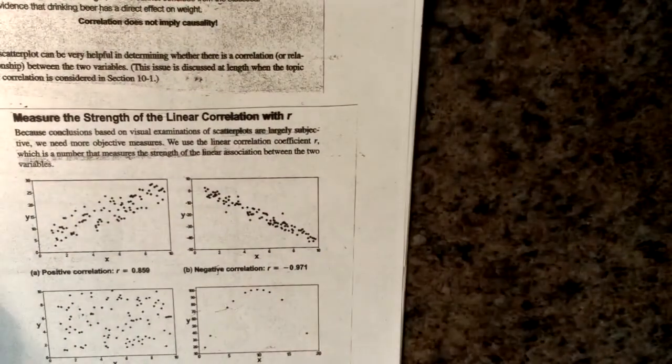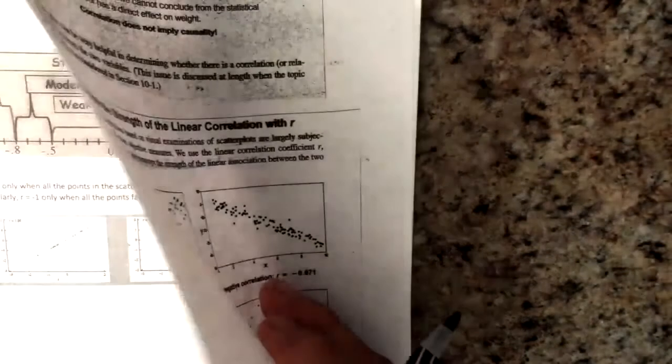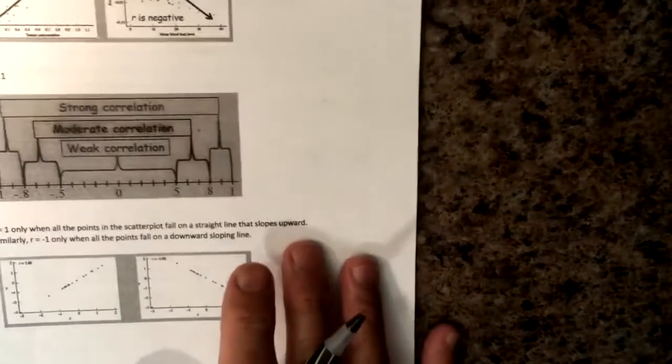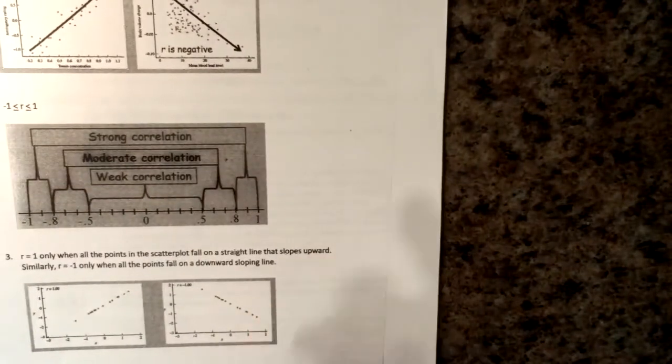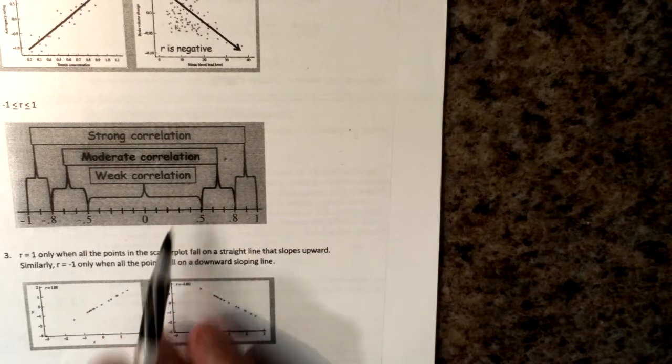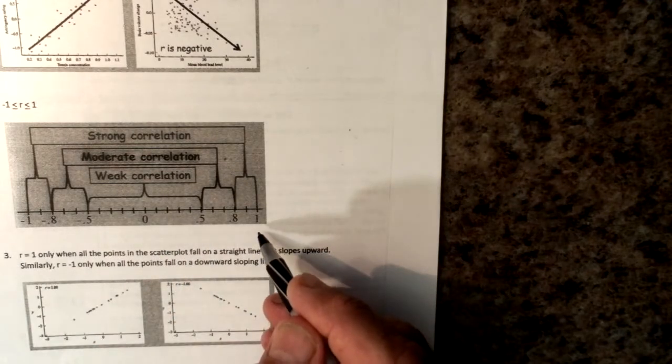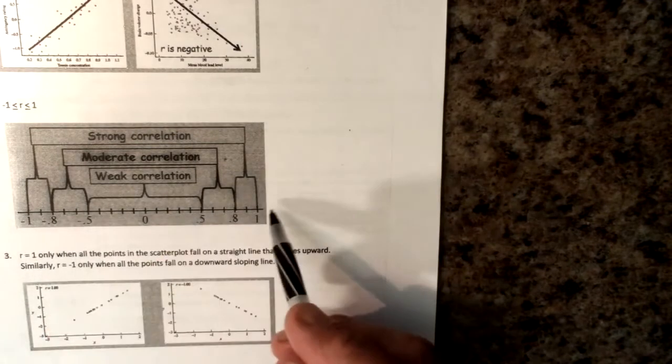So look at these pictures here. The R value, okay, let's look at this first. R is between 1 and -1.